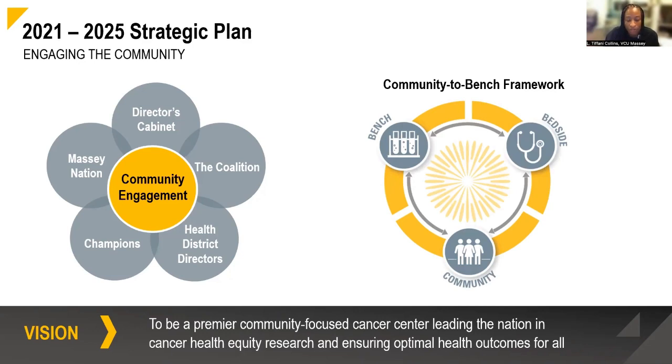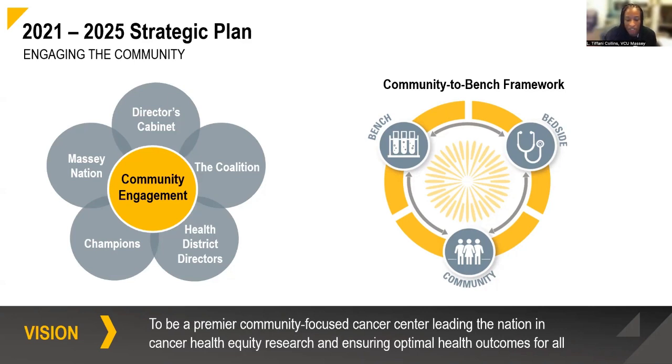There are influencers across the catchment area, or those target populations or focus areas that I just mentioned: our health district leaders, faith-based, tribal, and educational leaders. They offer insight about the cancer priority areas, help support our legislative and policy initiatives, and engage our MCC leaders on center-wide research, professional education, and catchment area initiatives.